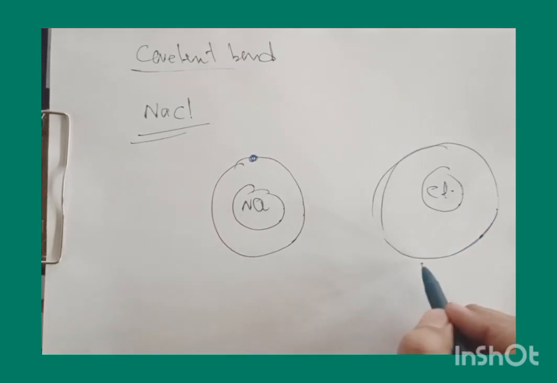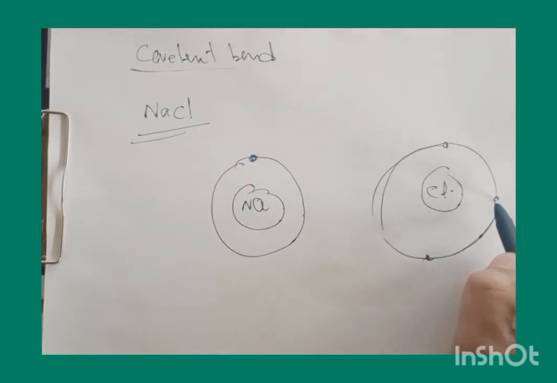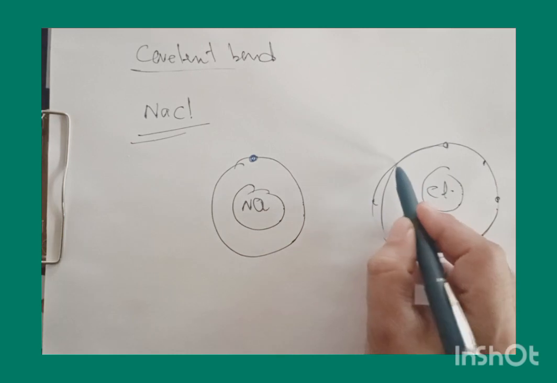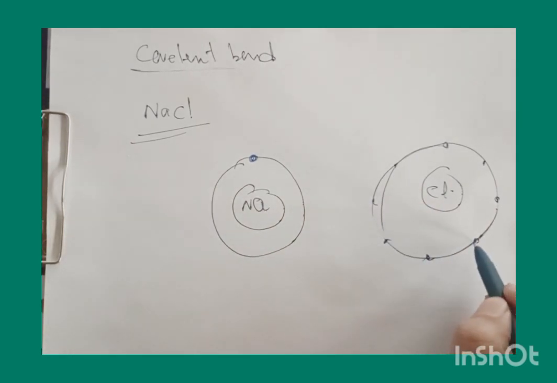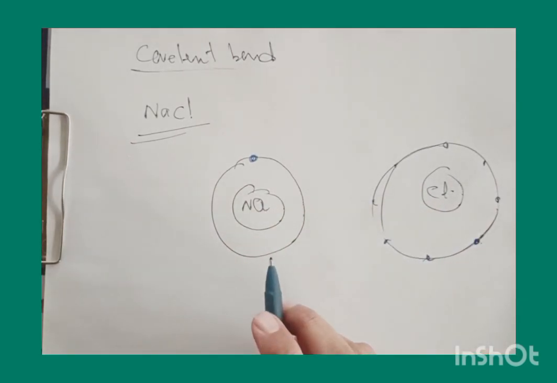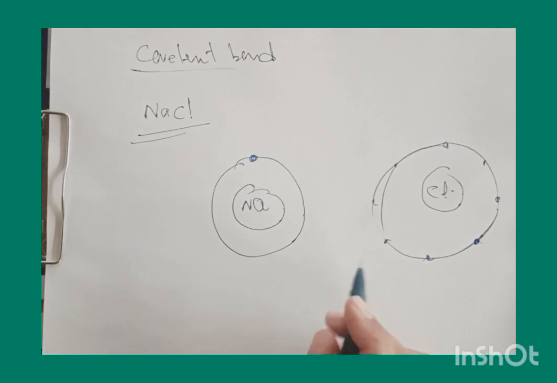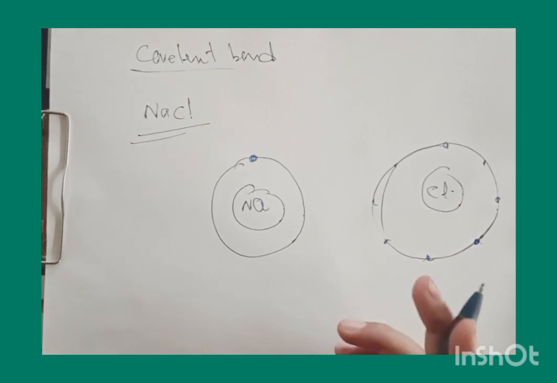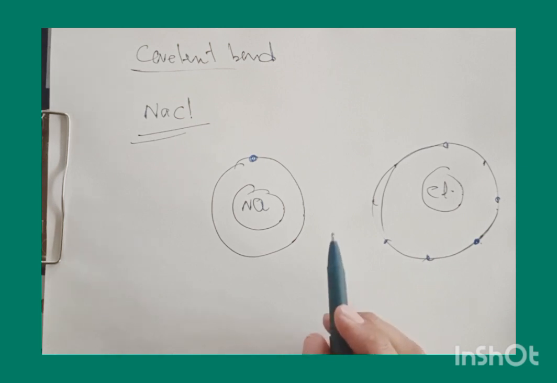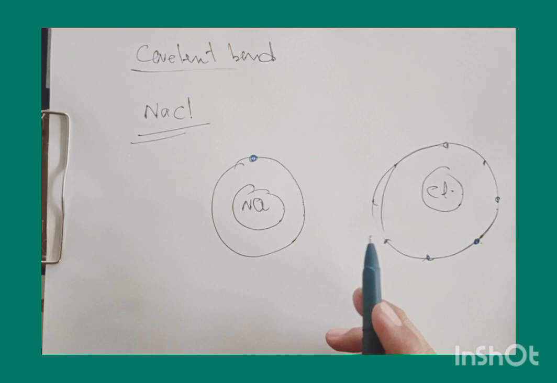Okay, so 1, 2, 3, 4, 5, 6, 7, 8. Now, what I am trying to say here is that we have chlorine, with, I don't remember its atomic number.